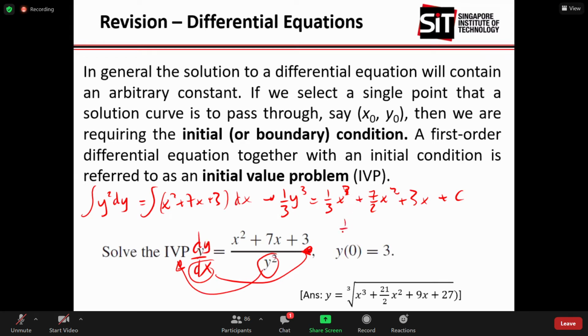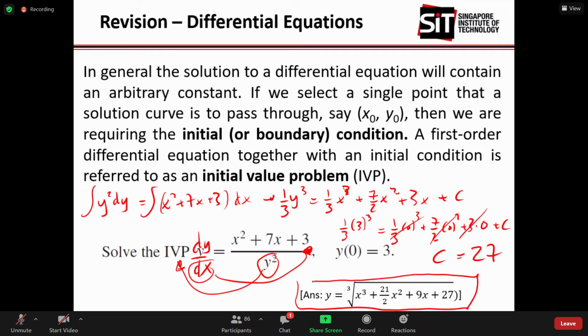So we have 1/3 times 3 cubed is equal to 1/3 times 0 cubed plus 7 over 2 times 0 squared plus 3 times 0 plus c. So all these terms are 0. This is 81 divided by 3, which is 27, from which we find that the value of the integration constant is c equals 27, giving us a solution, which you find here.